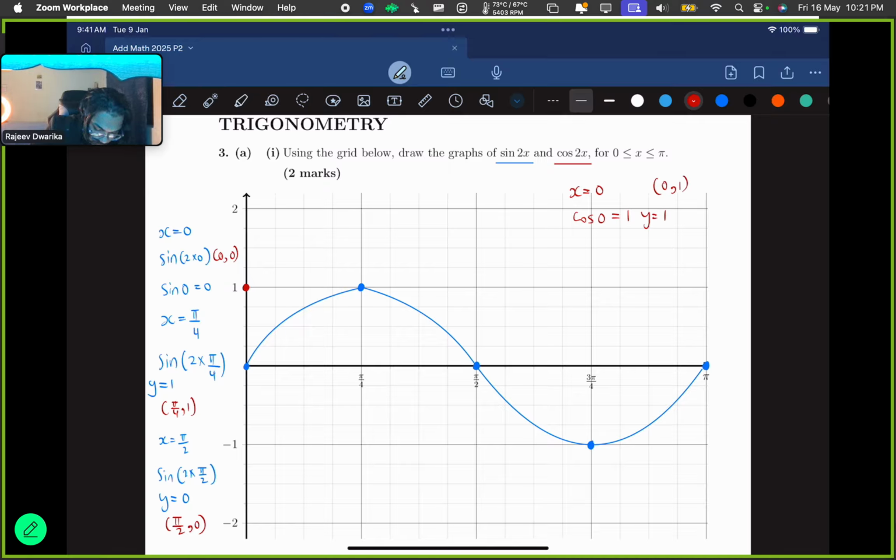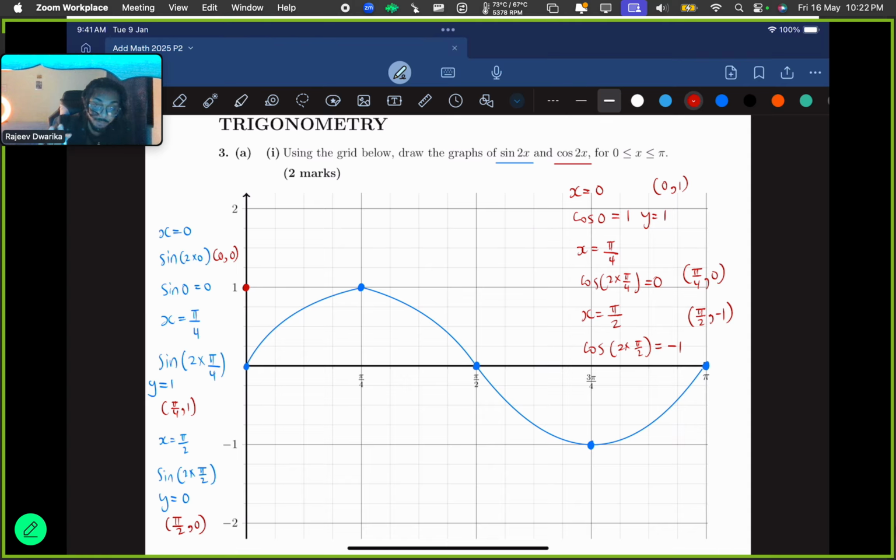Okay, let's do another point. When x is pi over 4, we get 0, right? Then for pi over 2, cos of pi is minus 1.